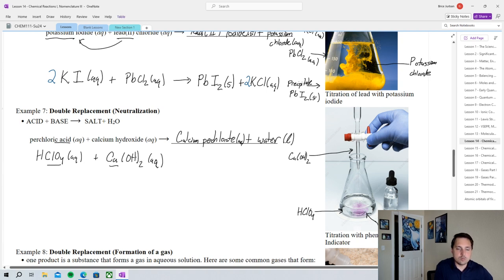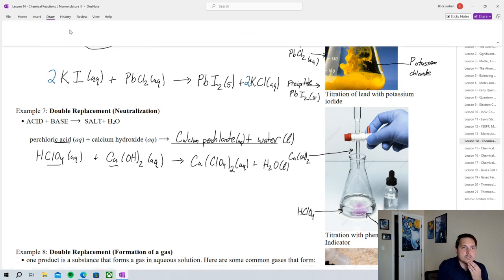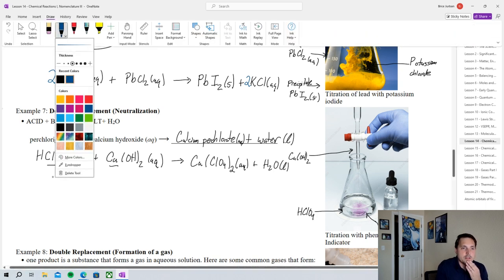So we can finish writing the reaction as Ca perchlorate, Ca(ClO4)2, and perchlorate has a -1 charge, so we'll need 2 of those. And then we'll have water, so liquid. And then this, I'm not sure, is this balanced? No, it's not. So let's go ahead and balance it.